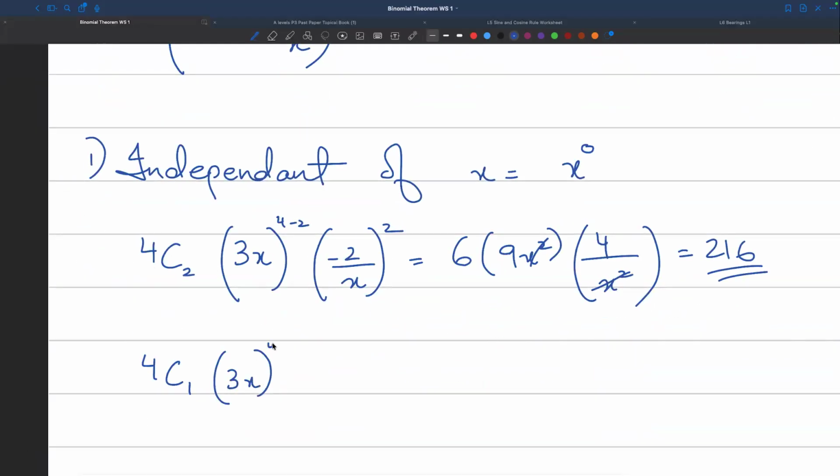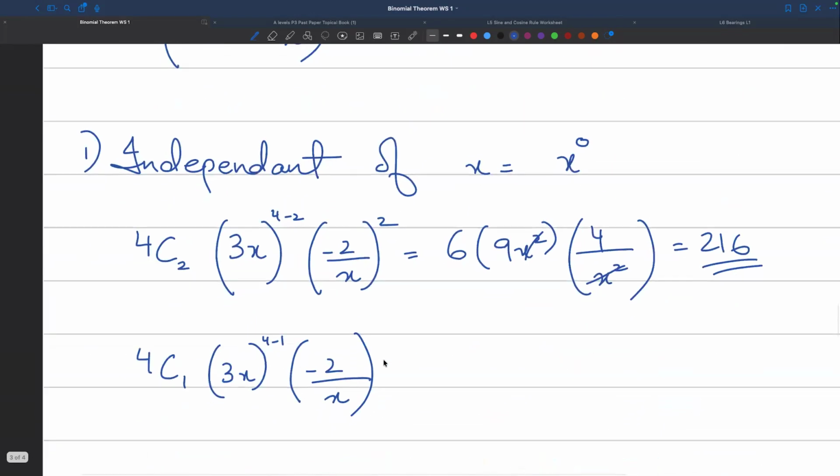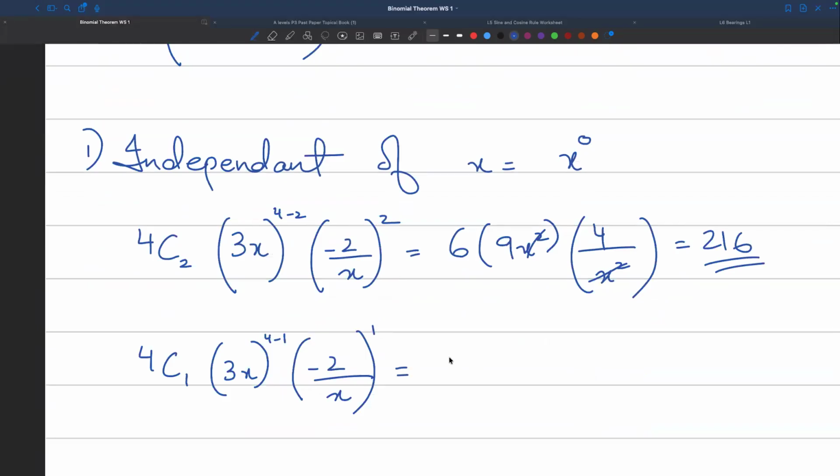Yeah, 4C1. Sorry. So minus 2 upon x to the power of 1. So 4C1 is 4. 3 power 3 is 27. x. नहीं यार, x cube तो नहीं आ रहा.